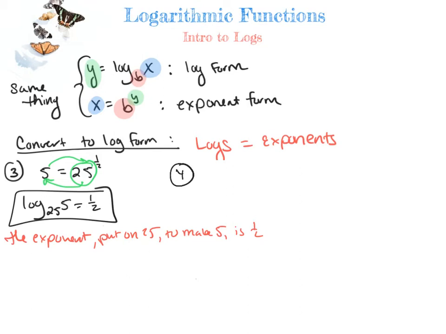Okay, let's do just a couple more. Let's do, for number 4, 117 to the 0 equals 1. Yep, okay, good. That's a true statement. Anything to the 0 power is 1. So as I'm converting, again, I'm going to start at the base. So the base under the exponent is the same as the base under the log.